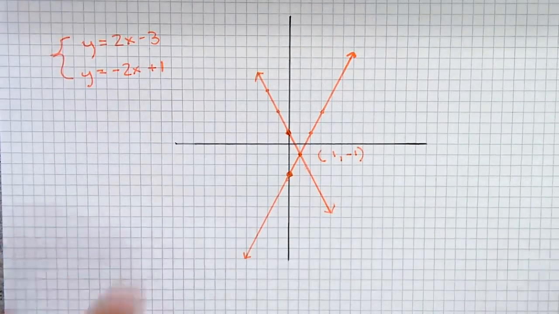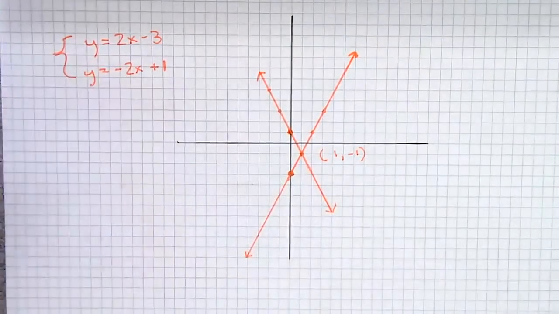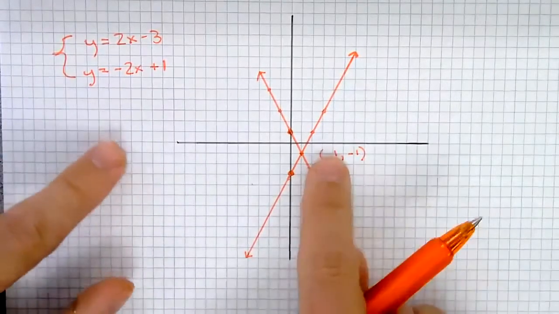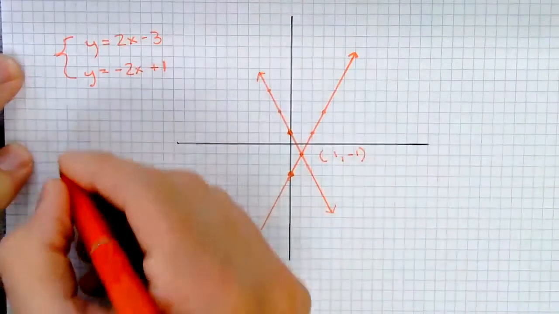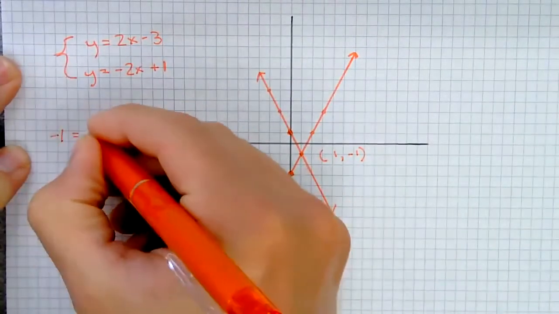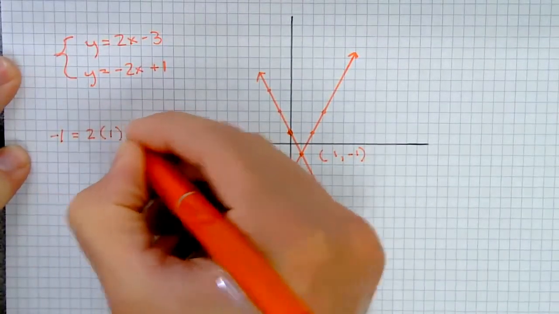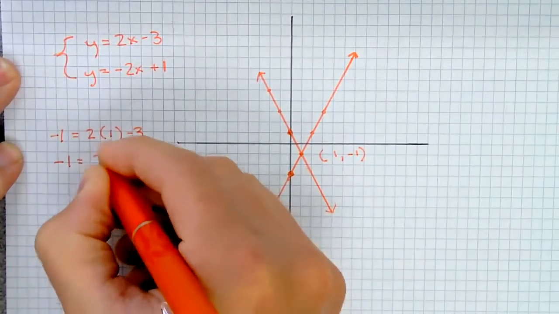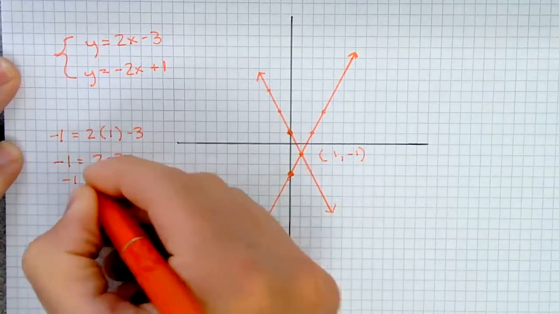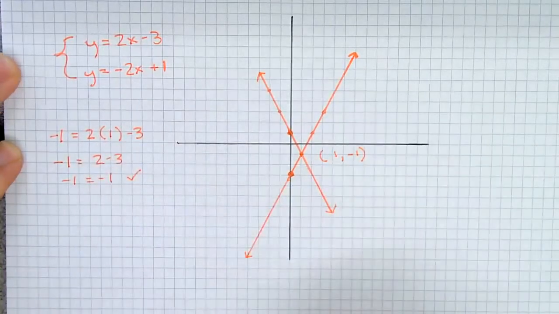And then you could always go back and double check, right? We can plug these in and it should give us true statements. If I plug these in for both of those equations, I get negative 1 equals 2 times 1 minus 3, which gives negative 1 equals 2 minus 3, which is negative 1 equals negative 1. So that one checks out.